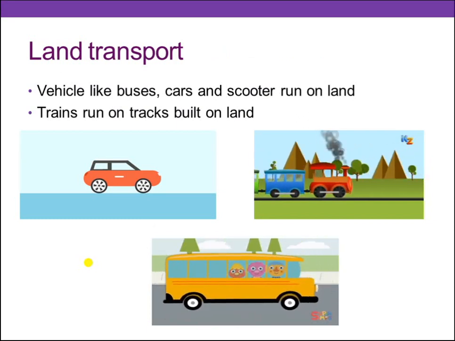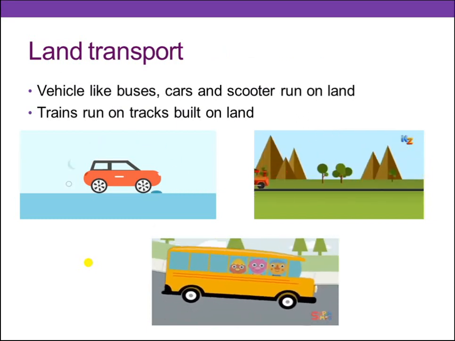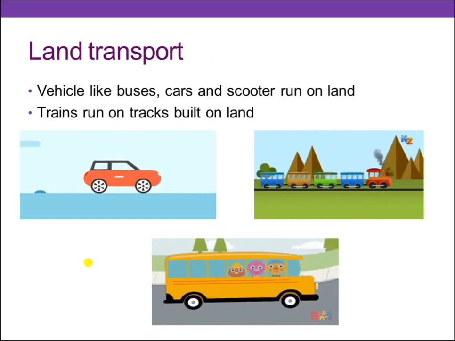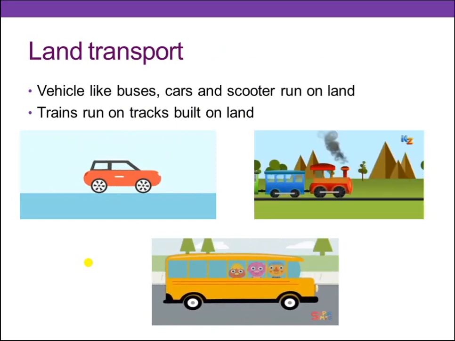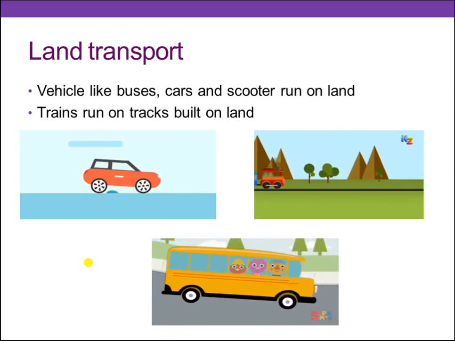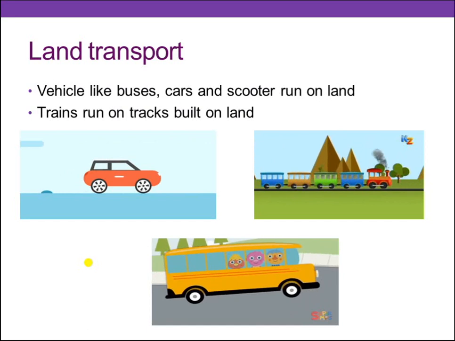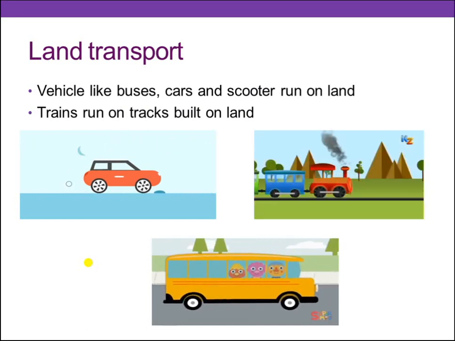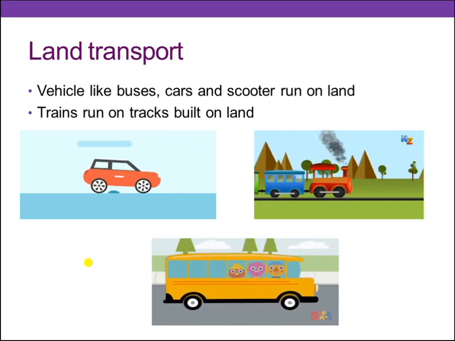First, land transport. The vehicles like buses, cars, and scooters run on land. Yes or no? Yes. And a train runs on tracks which are built on the land.